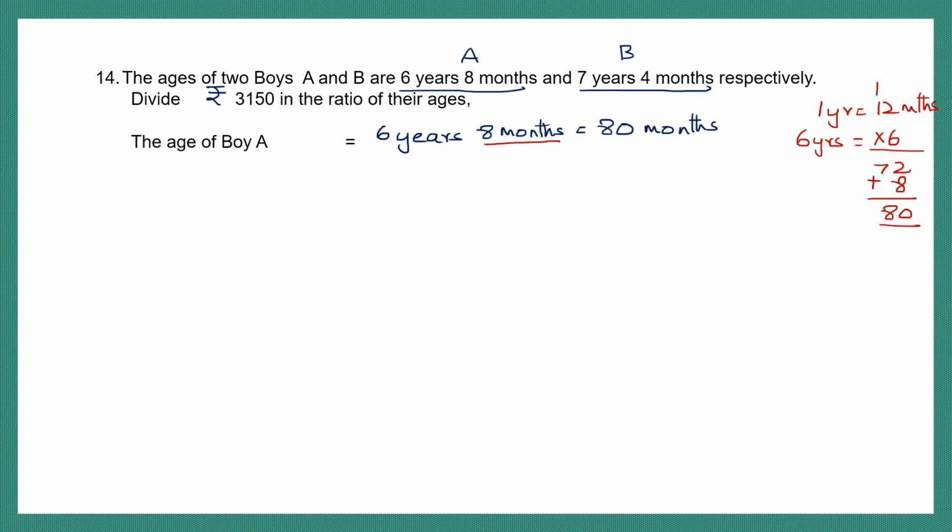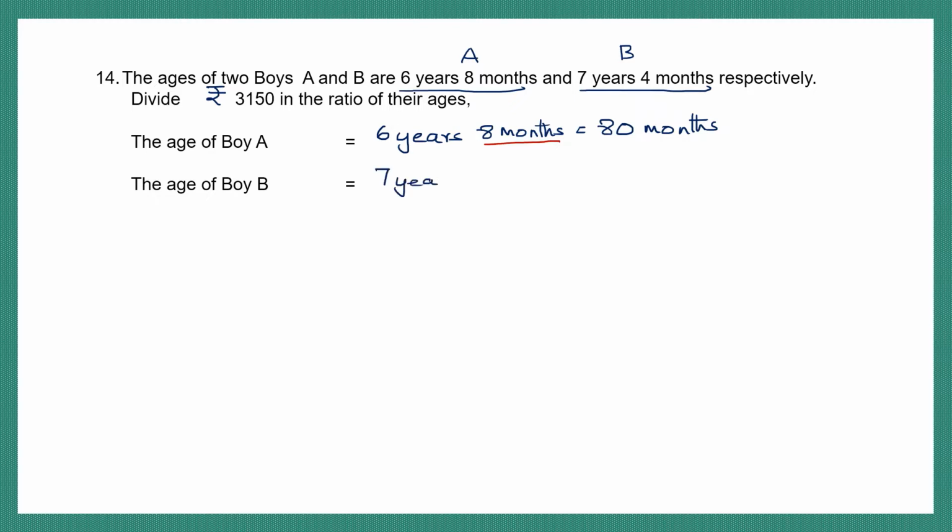Now let's do the same thing with boy B. So the age of boy B is given to us as 7 years and 4 months. So this also, let's convert it to months, everything to months.